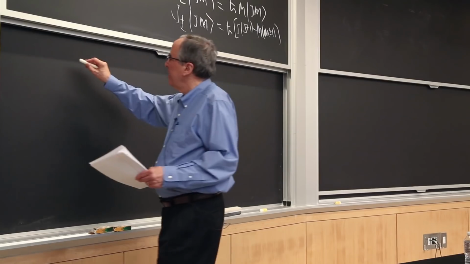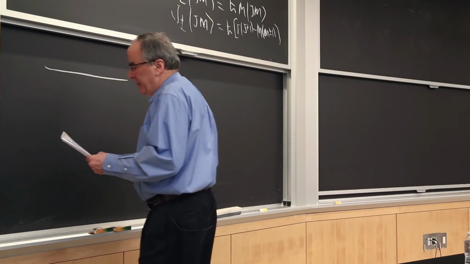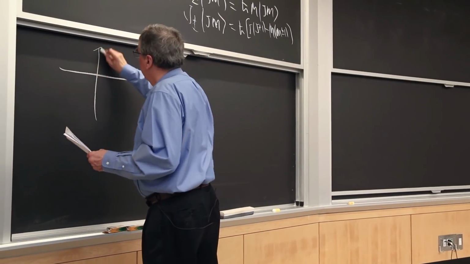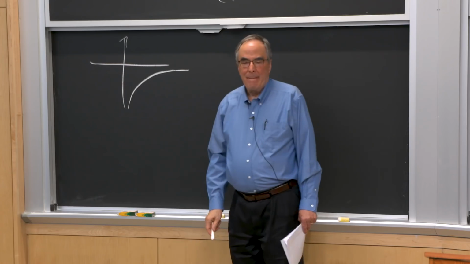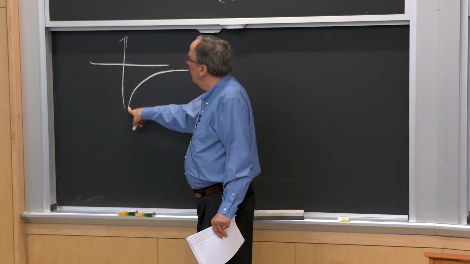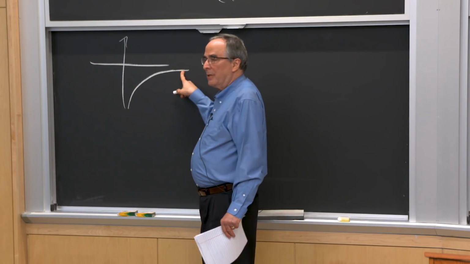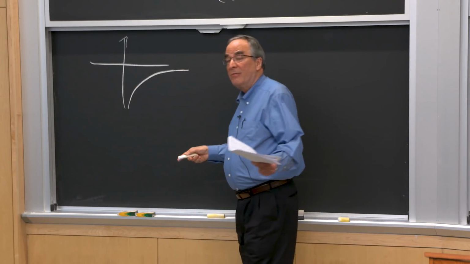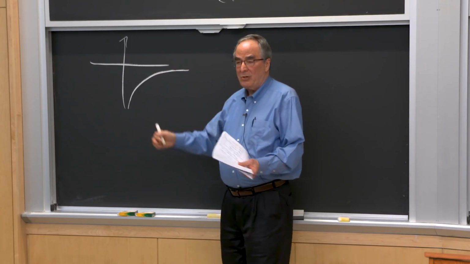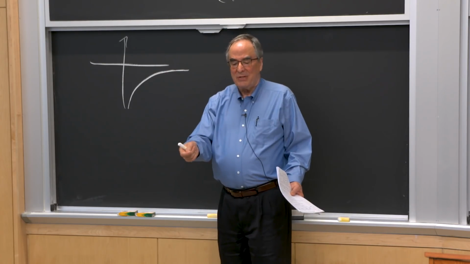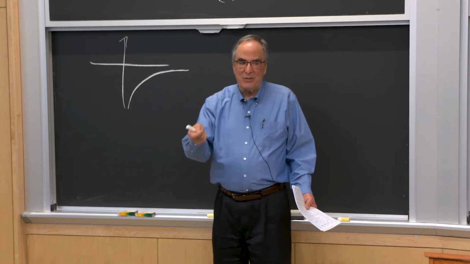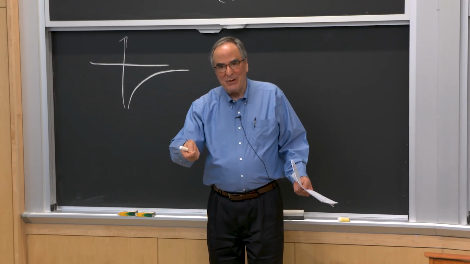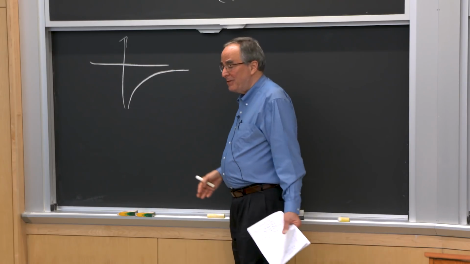So for the hydrogen atom, we have a potential that looks like this. And so the radial potential is new. For the rigid rotor, the radial potential was just 0 for R equal to R0, and not 0, then the potential is infinite.